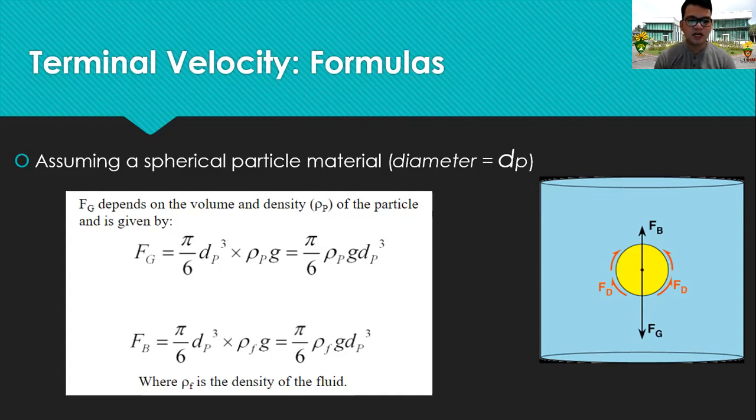It is given by this formula, where ρf is the density of the fluid. Why is the fluid present in this? Say, for instance, the oranges are being conveyed and transported in a processing plant. They are put in, cleaned, and washed with the presence of water.